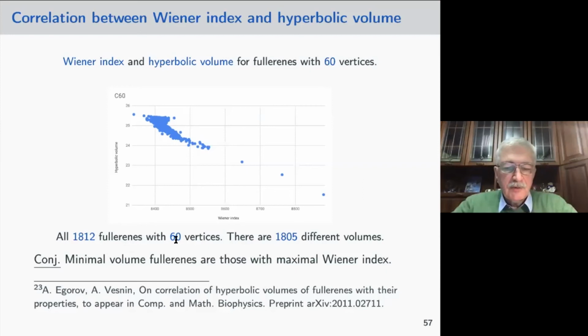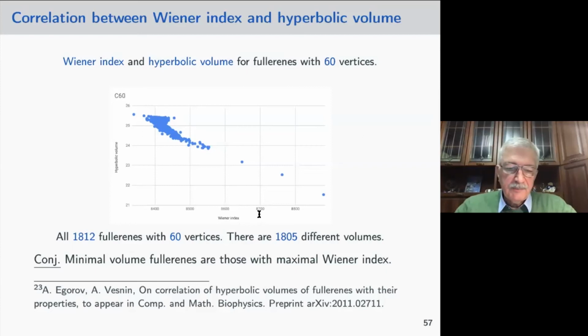And we calculated the volumes corresponding to these graphs, volumes of their right-angled realization in hyperbolic space. And we found that this number of fullerenes gives us 1,805 different volumes.